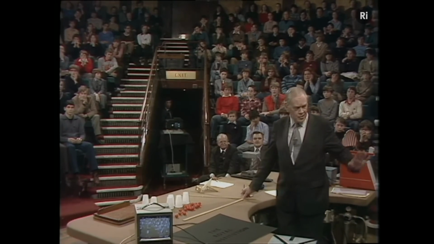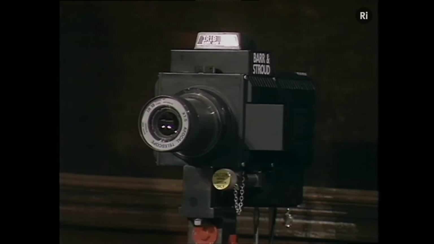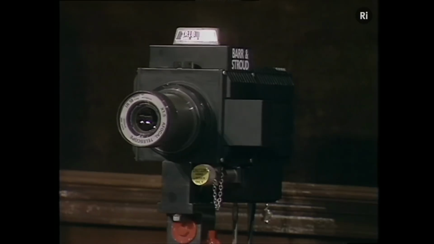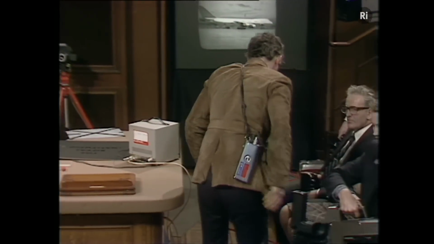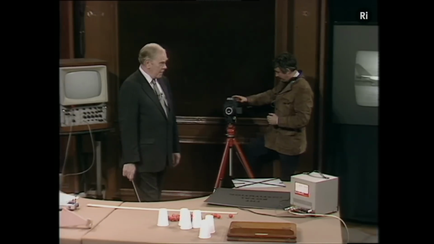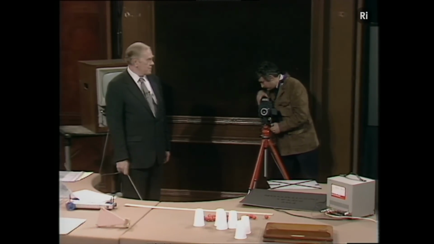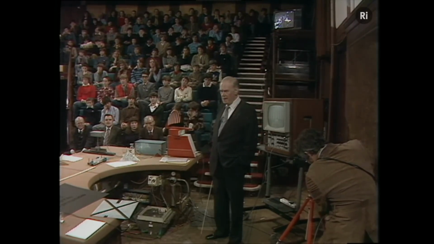And we can now actually, with this camera, which is here, have a look and see what it can see. And if someone will come and operate the camera, its visual presentation is here, but it's entirely compatible with the BBC television, and the signals can be fed straight in, and so we'll be able to see them on the monitor.